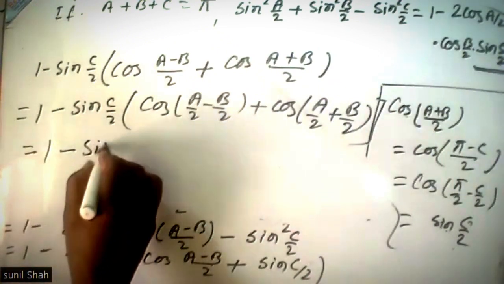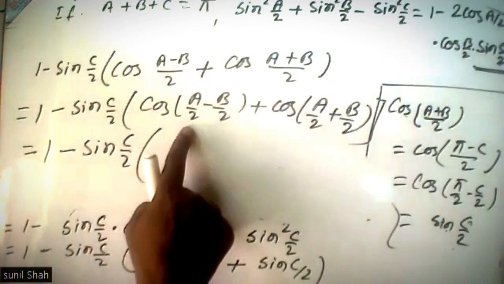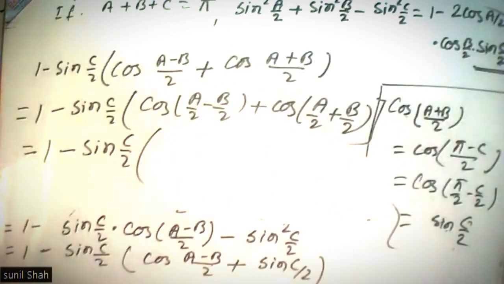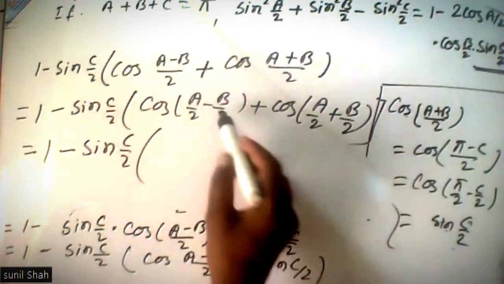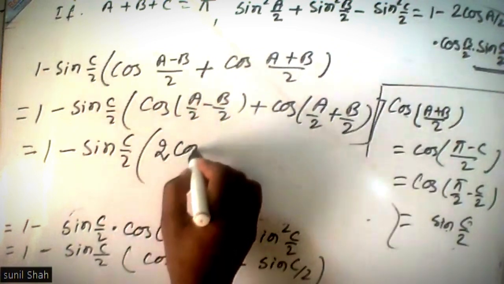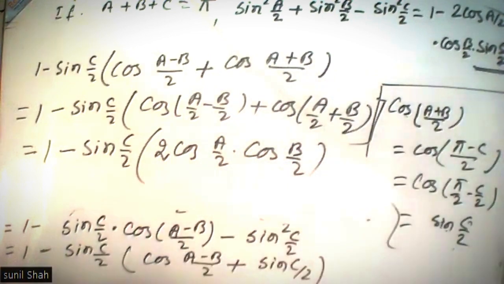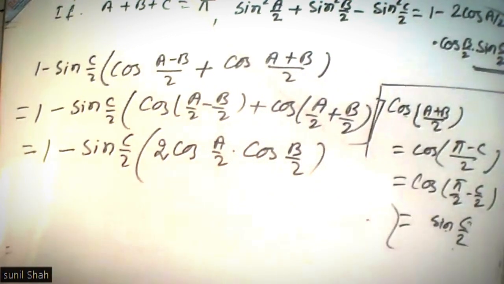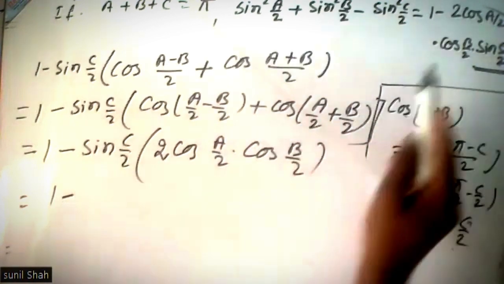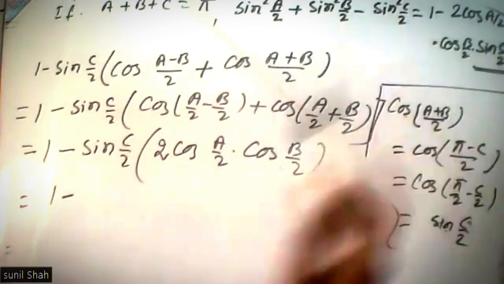Finally, we have cos A minus B plus cos A plus B is 2 cos A into cos B. So A is this and B is this. 1 minus 2 cos A by 2 cos B by 2 sin C by 2.